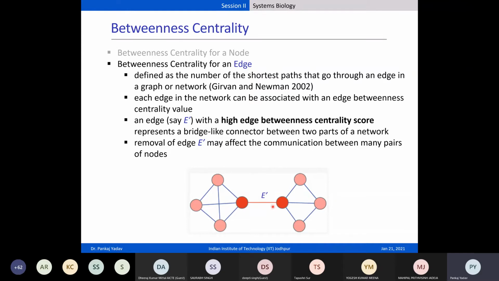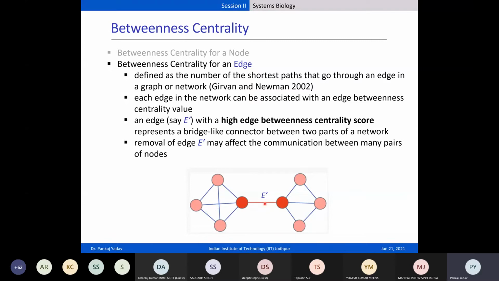This edge is of high importance because it makes a bridge between two subgraphs in this whole network. If we remove E prime, it will affect the communication between many pairs of nodes. For example, any of these nodes will not be able to communicate with these nodes if we remove this edge E prime.